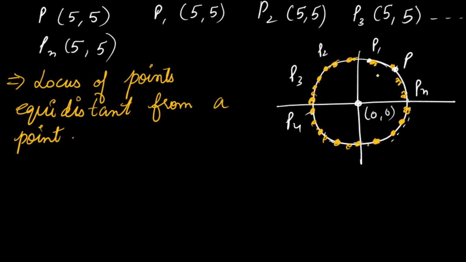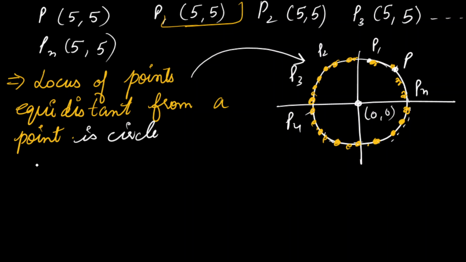So like this, so many points, they are related to P. Why are they related to P? Because the value is the same as P. So you can see here, if we go to the definition of a circle, it is representing this only. The locus of points equidistant from a point is a circle.